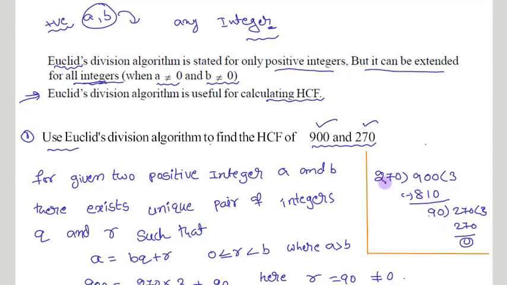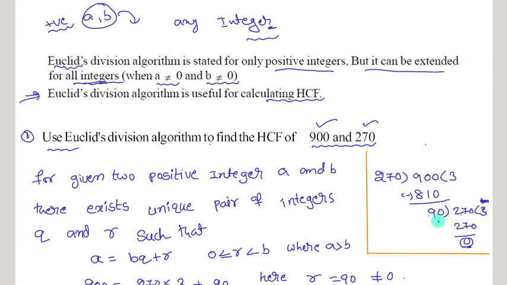That means the divisor of the first step becomes the dividend for the second stage of the division. So on dividing 270 by 90, we get a quotient of 3 and a remainder of 0. As we got a remainder 0, at this stage, what is the divisor?